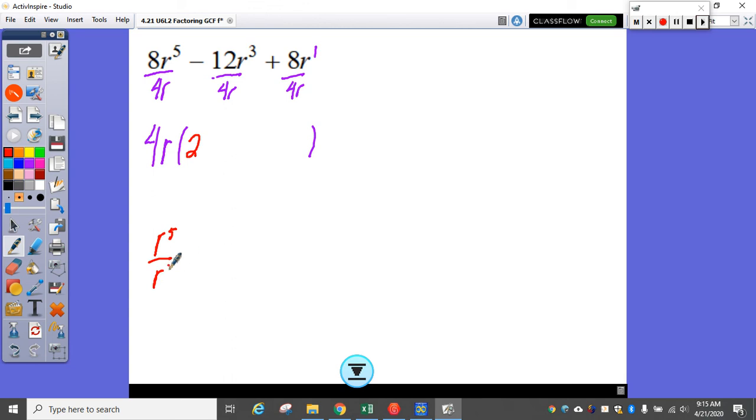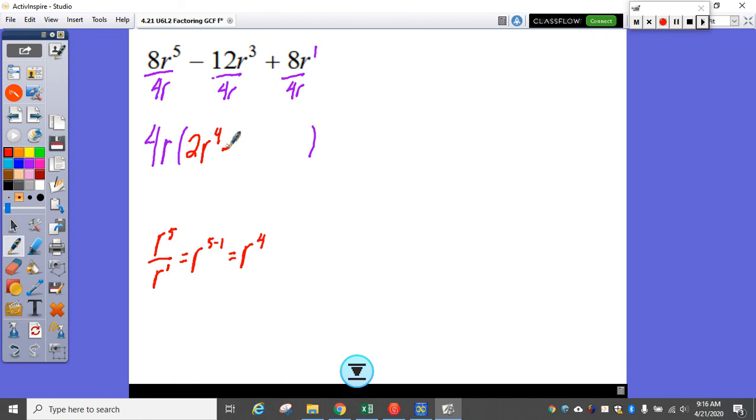Remember, this is an exponent of 1. So when I have the same bases and I'm dividing them, I subtract my exponents. So that's going to be r to the 4th. R to the 5th divided by r to the 1st is r to the 4th.